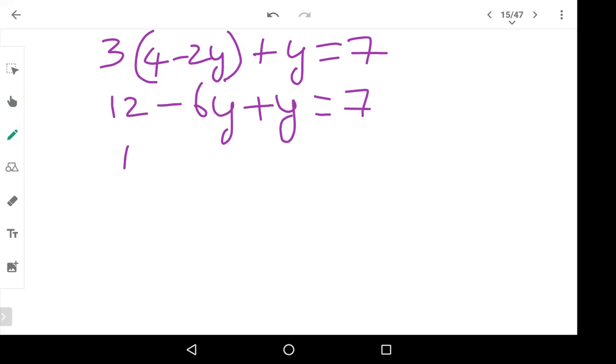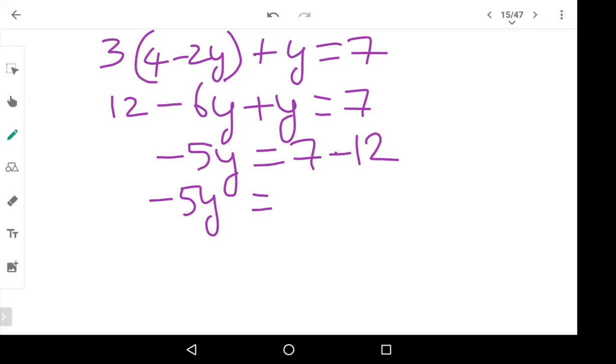Next, 12 minus 6. Okay, or what we will do is we'll take 12 to the other side. So minus 6y plus y will give me minus 5y is equal to 7 minus 12. So minus 5y is equal to 7 minus 12, which is minus 5.